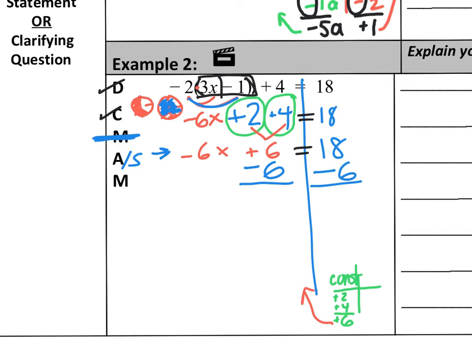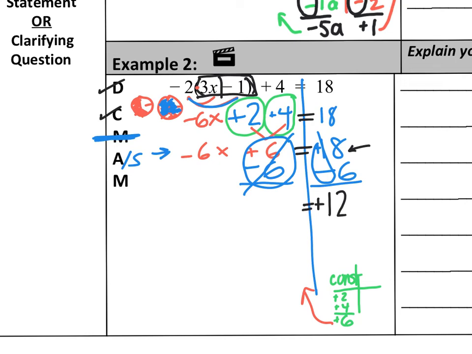All right, let's cross out what makes 0. Whatever side the variable's on is the side I cross stuff out on. So that's 0. On the other side, I have a positive 18 and a negative 6. That means they're different signs, so I'm going to subtract. When I subtract 18 minus 6, I get 12. And I have more positives than negatives, so it's positive 12.